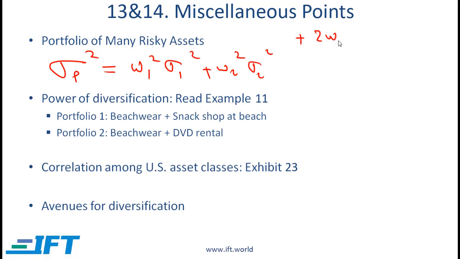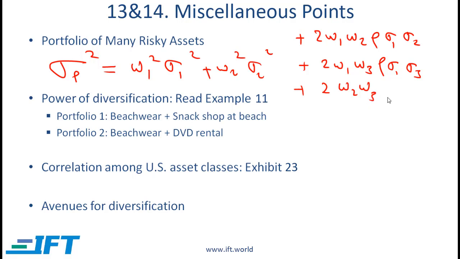So we will have 2 times W1, W2, the correlation, and then sigma 1, sigma 2. Then the other pairwise correlation, 2 W1, W3, rho sigma 1, sigma 3, 2 times W2, W3, the rho between 2 and 3, and then sigma 2, sigma 3.